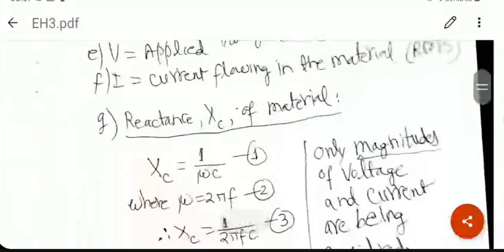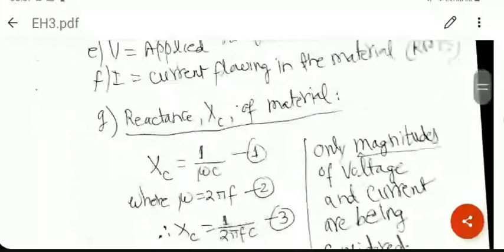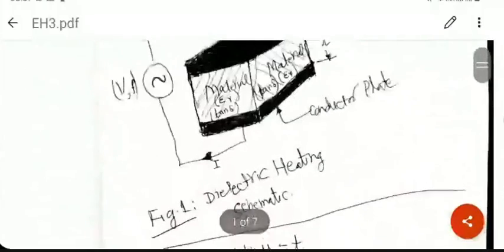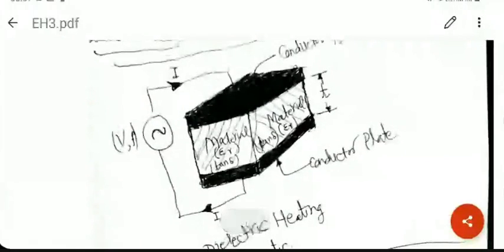Now, first thing you need to do is calculate the reactance of the material, which is 1 upon omega C, or 1 upon 2 pi f C, where C is the capacitance. And capacitance can be written using the well-known formula epsilon naught epsilon r A by t based on this geometry.